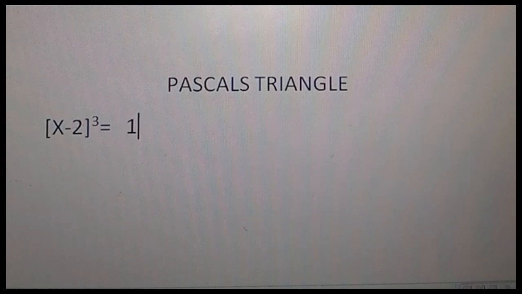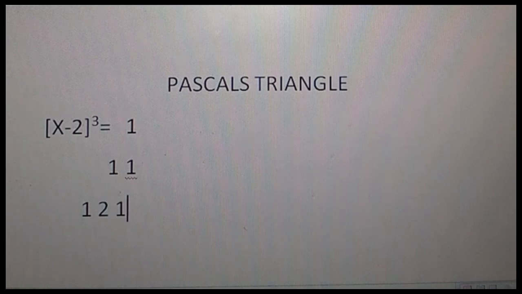We have 1, and then we have 1 again. So 1 plus 0 is 1, and again we have 1. So when you say 1 plus 1, we get 2. Let's put our 2, and also 1 plus 0 is 1, and therefore we have 1.